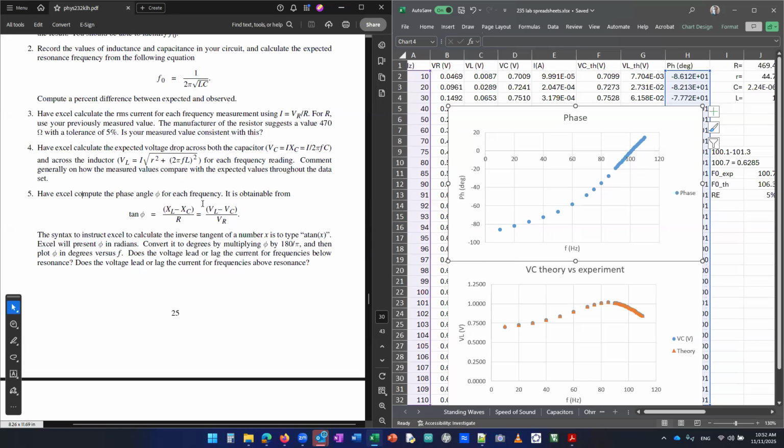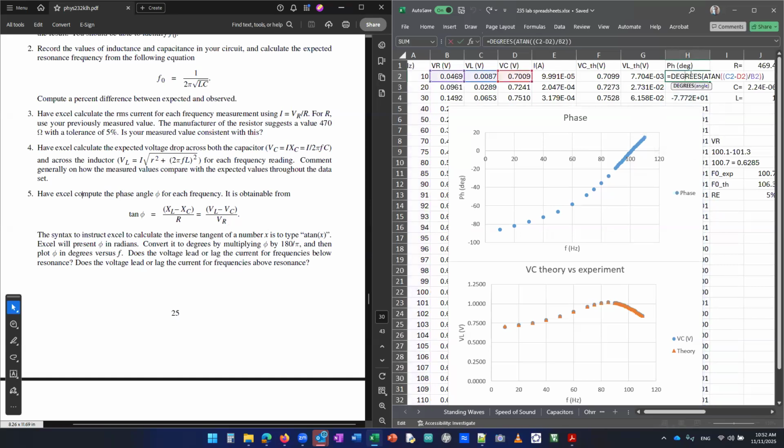And the way to calculate this is you need to take the inverse tangent of this function. So let's see how I calculated my phase angle. Okay, so I have degrees because the arctangent or inverse tangent responds with a radian angle. So you do ATAN of (C2 minus D2) over B2. So C2 is the inductor's measured voltage, and D2 is the capacitor's measured voltage, and B2 is the resistor's measured voltage.